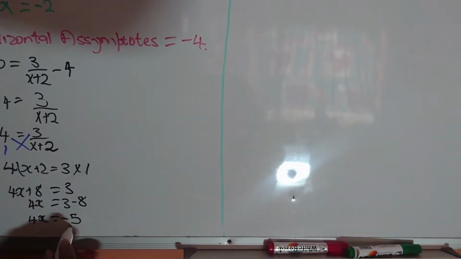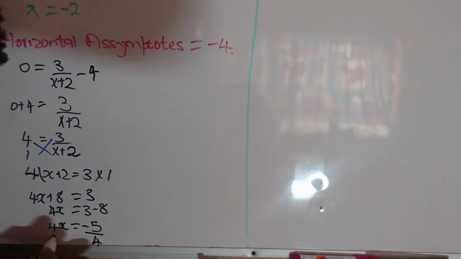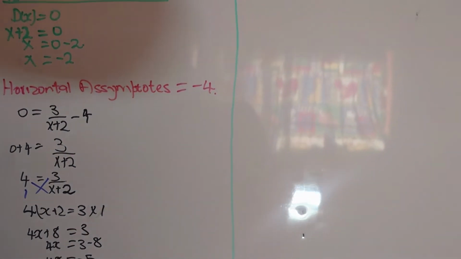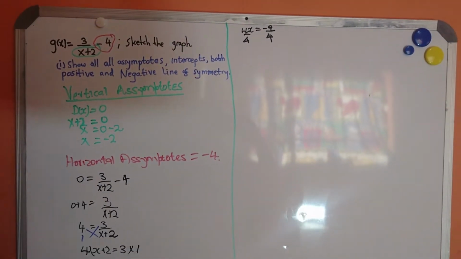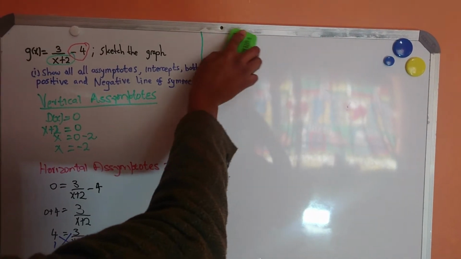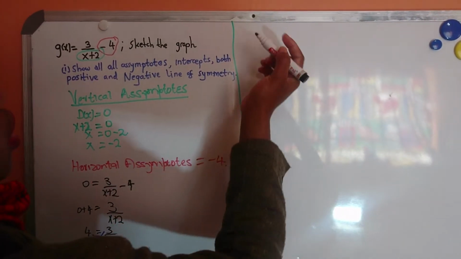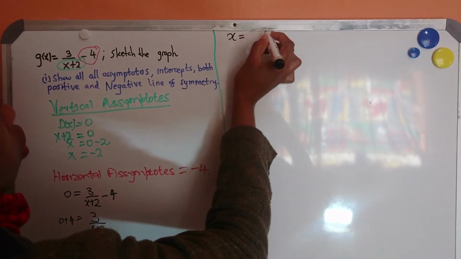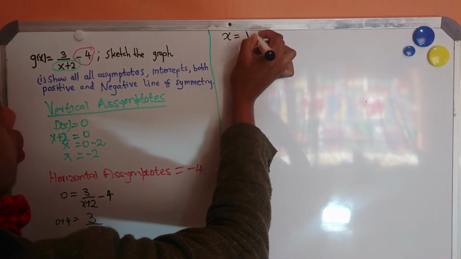So we divide by the negative 5 and go 4, because we want x alone. So it's about x equal to 1.25.